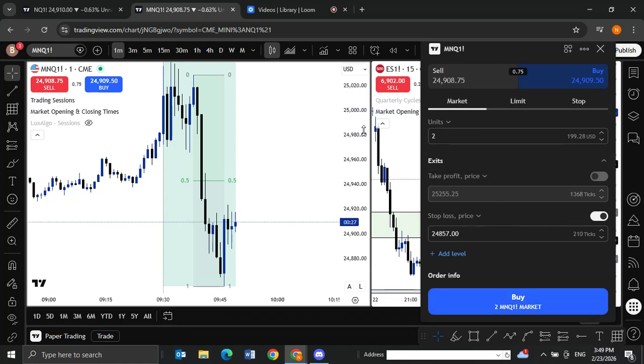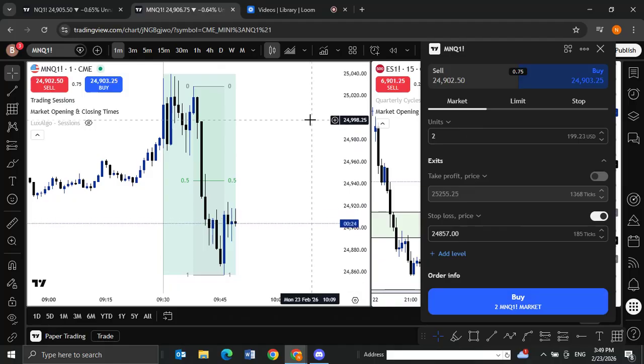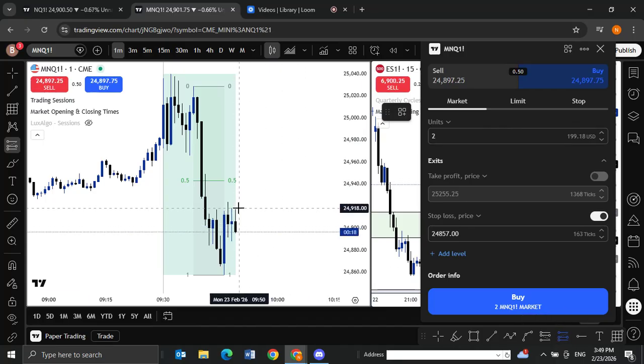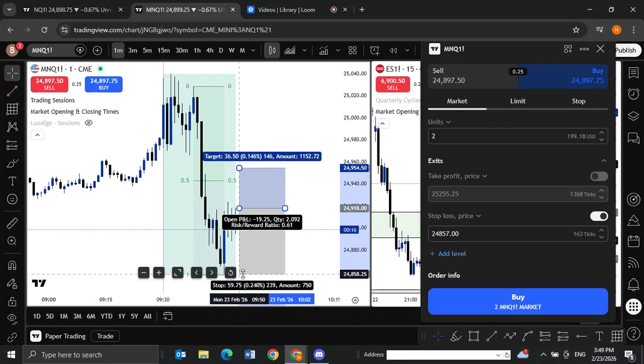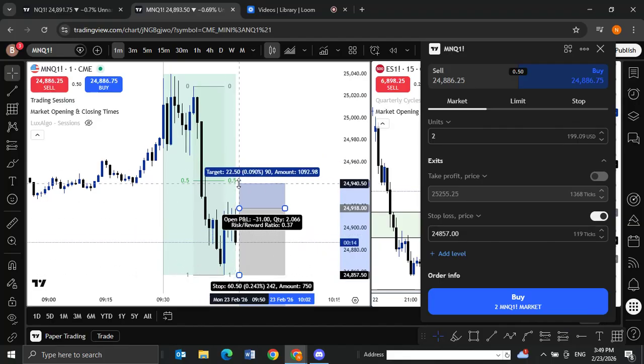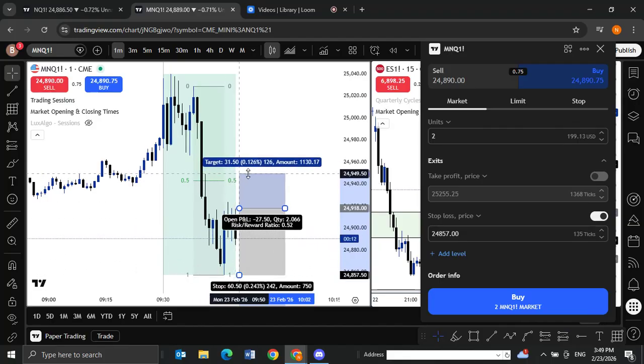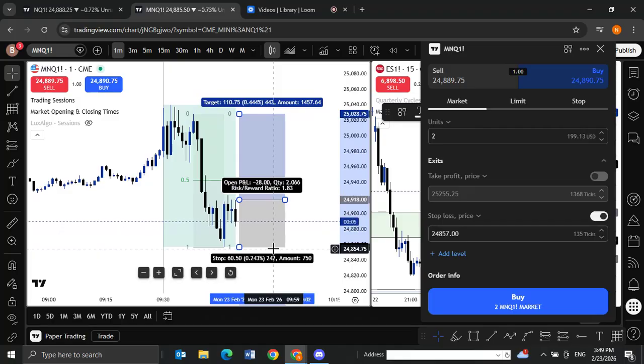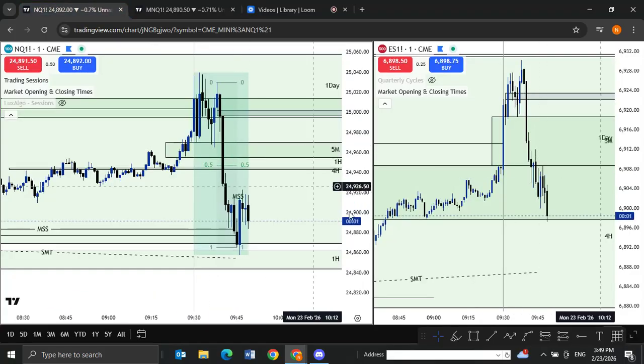My take profit is actually, I'm still thinking, but ideally I want to enter from here with this stop loss, as already told. I would like to go break even after reaching this fair value gap, and then I'd like to target this high. But first I need to wait a bit to see whether it's a good idea or not.